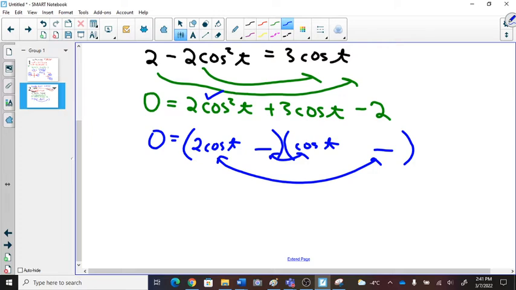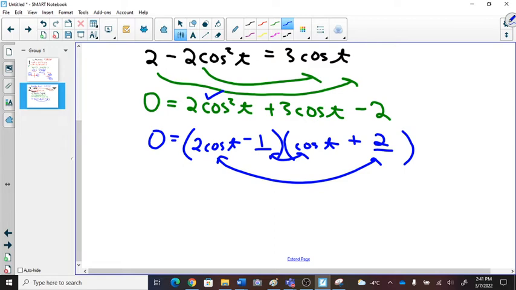So make sure you FOIL it properly. How did we do? 2 cos squared plus 4 cos minus 1 cos. Right? All my components are there? We good with the foiling?